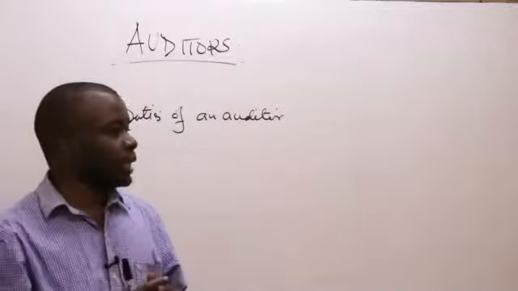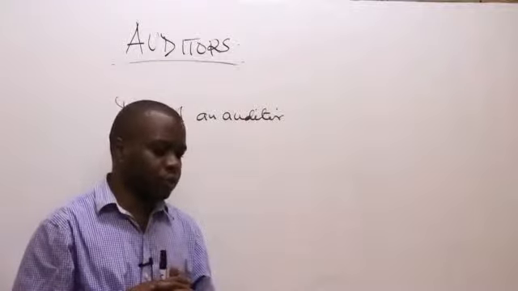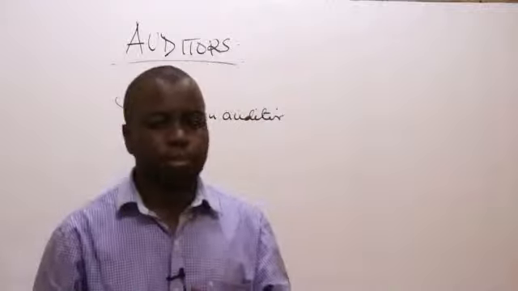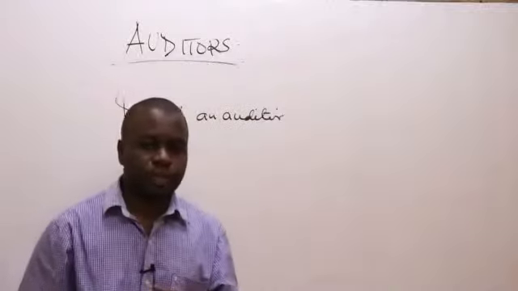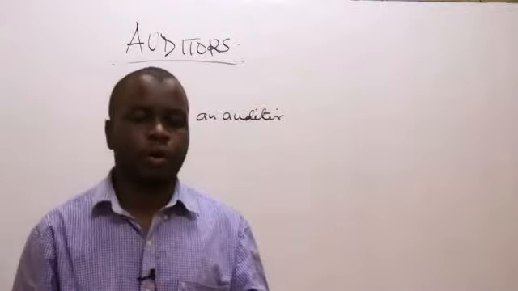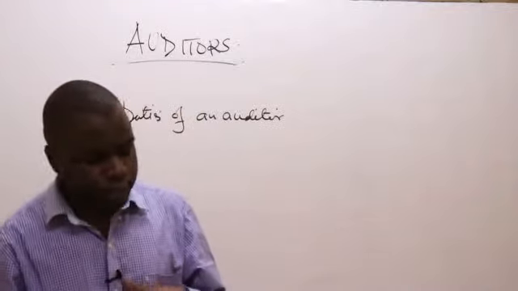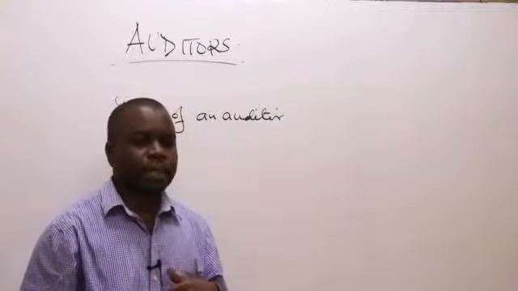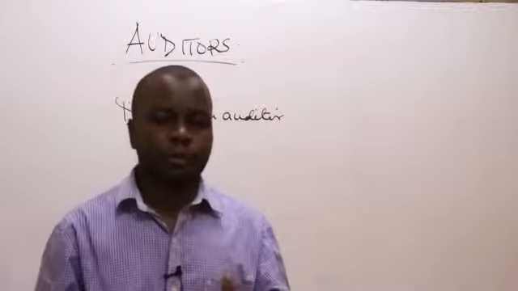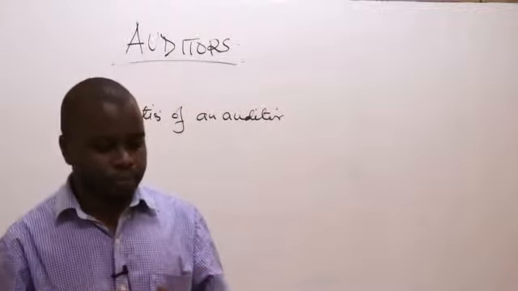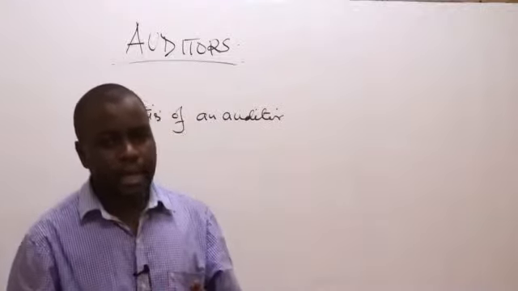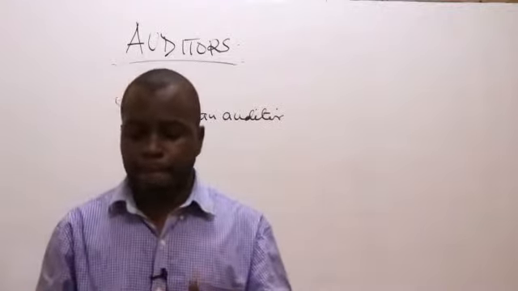So of course the key duties or the key roles while he's carrying out his audit work is to ensure, number one, he's acquainted with himself, or his work or his roles, under the articles of the company. Then number two, which is very key, is to lay before the members of the company at the AGM the accounts of the company and explain to them what was happening in the company in terms of the accounts that have been prepared by the company.